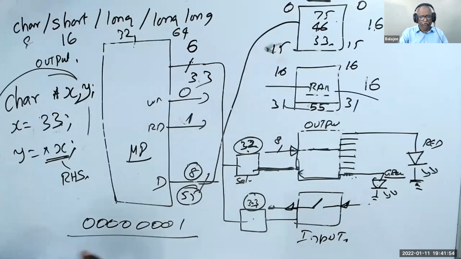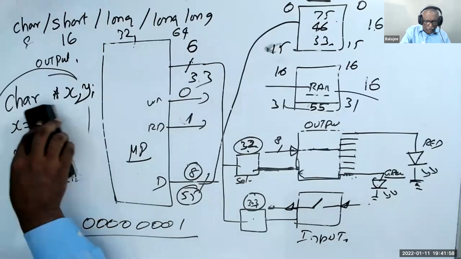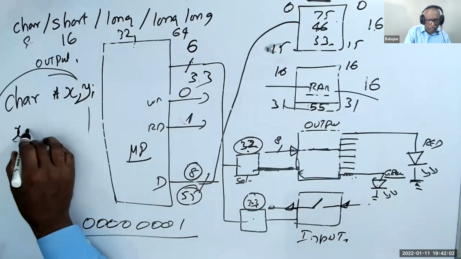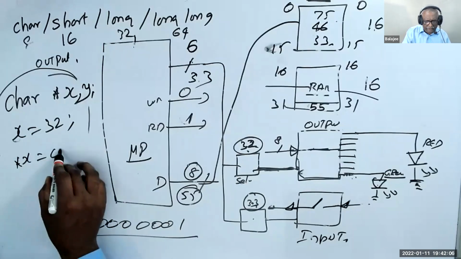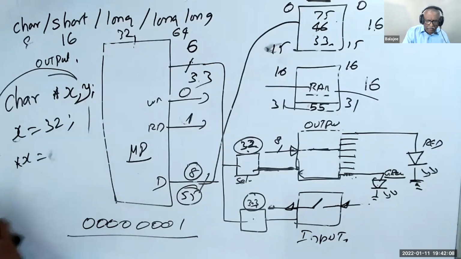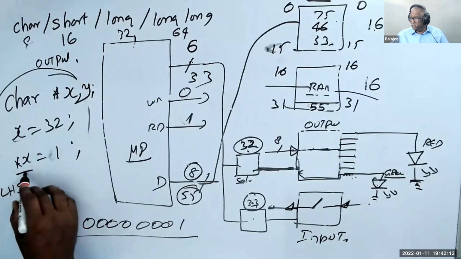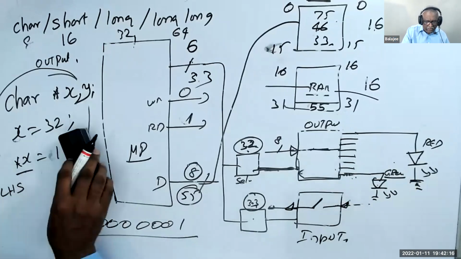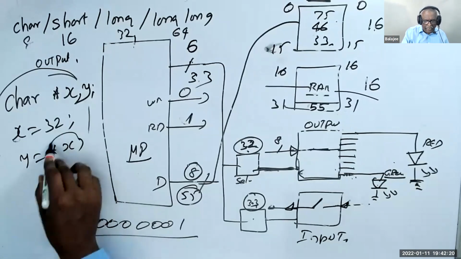I know that. But if you know two things, one is, I put star X is equal to 32, star X is equal to 1. That means that this is on LHS. I am writing. That is called output. Now, if I do same thing here, Y is equal to star X. This is coming on right side.